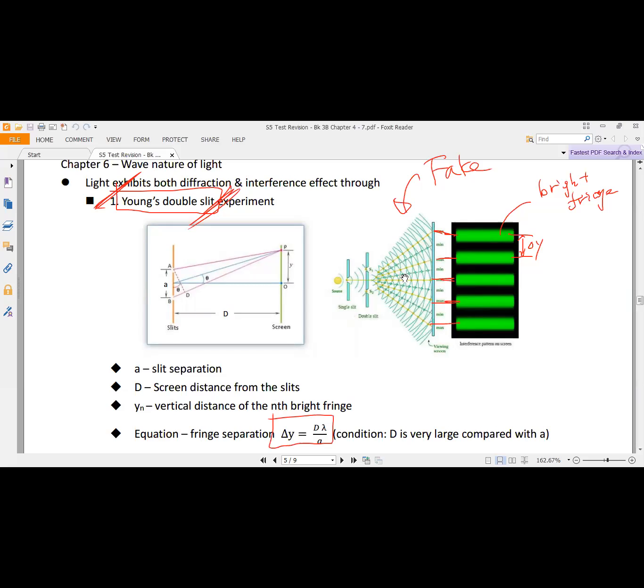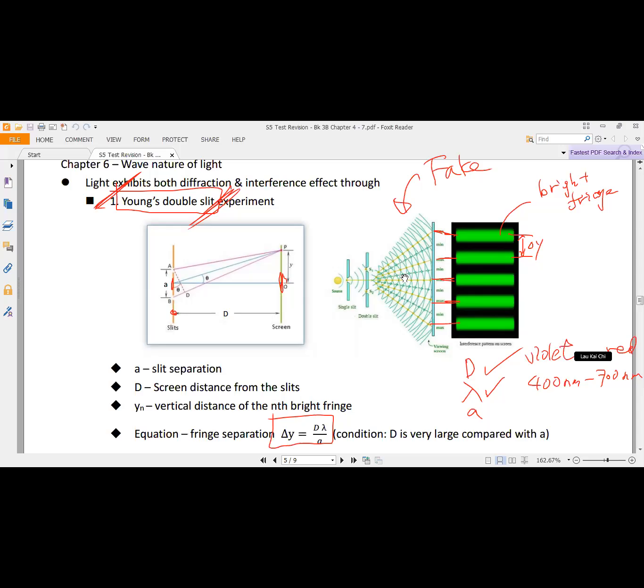Then you need to be able to identify the unknowns D, lambda, and a. There are 3 of them, right? D is the distance between the slits and the screen. And lambda is the wavelength of the light. It can range from 400 nm to 700 nm. The longer one is red, the shorter one is violet.